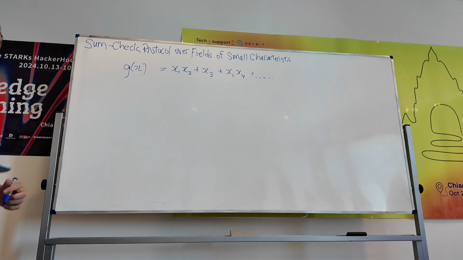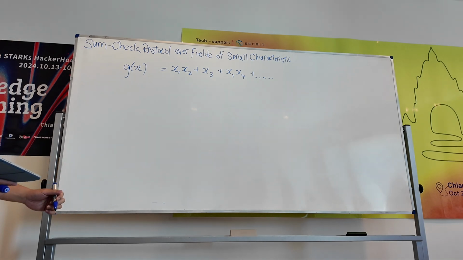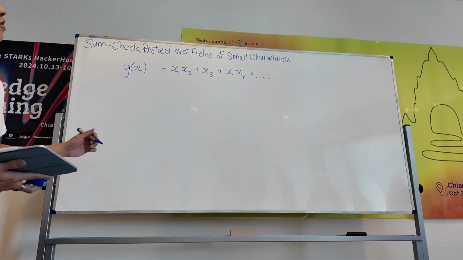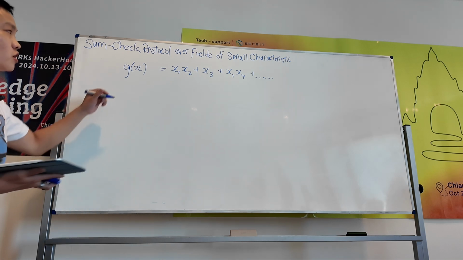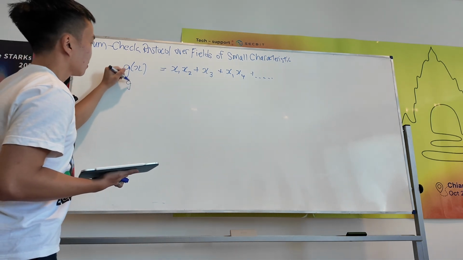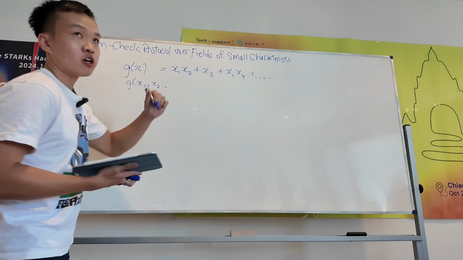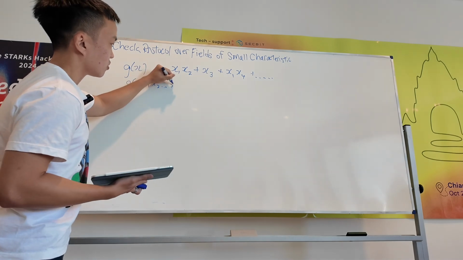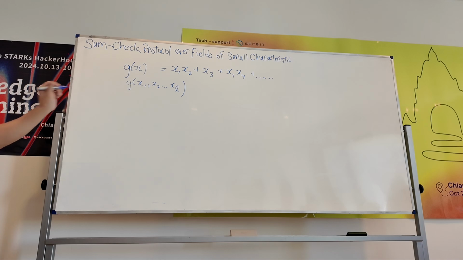So the x is a vector of x1, x2, x4, and so on. You can see it that way, depending on how you represent it. If we have an L-variate polynomial, it means we have variables until xL, and if we plug in all the values, we evaluate the polynomial.